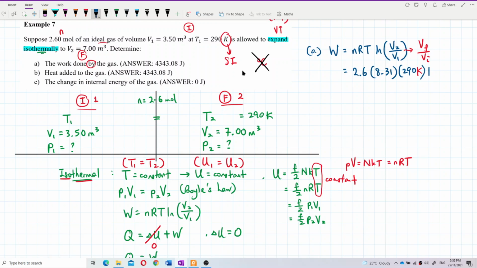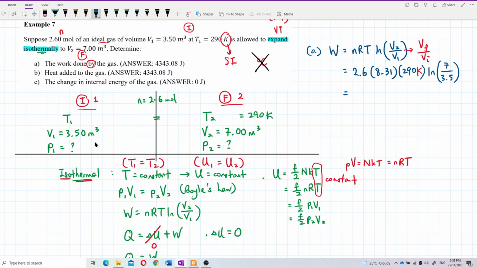Finally, ln V2 over V1. V2 is 7 meter cube, already in SI unit also, and V1 is 3.5. Let's calculate. What answer do I get?